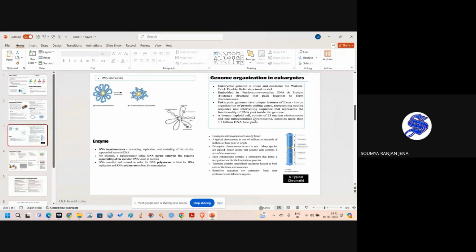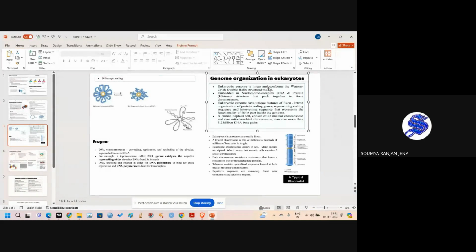Then if we go to the genome organization in eukaryotes, the eukaryotic genome is linear and conforms to the Watson-Crick double helix structural model. As we know, Watson and Crick first described the double helix structure of DNA. For this, they received the Nobel Prize in 1954, and this is embedded in the nucleosome complex.